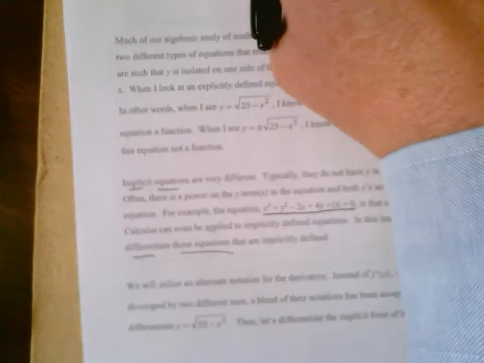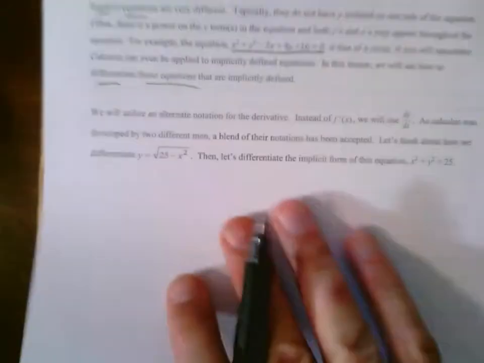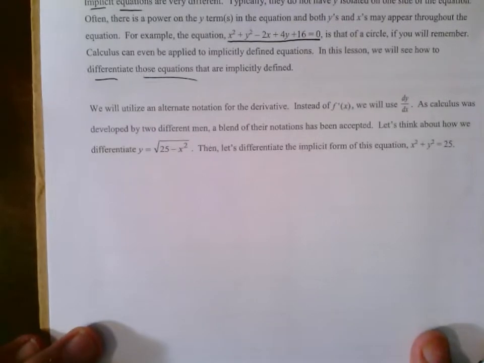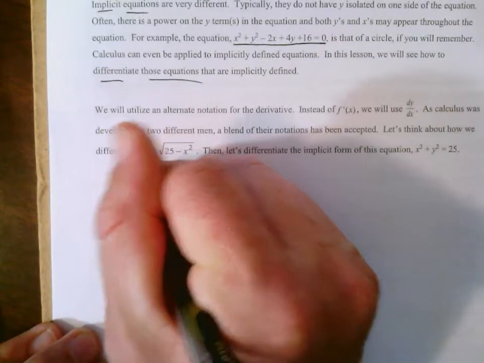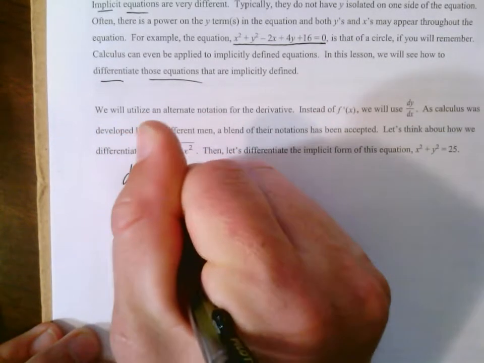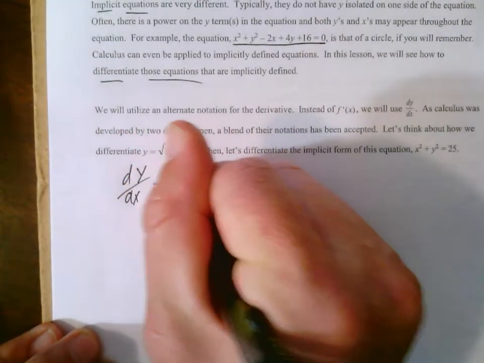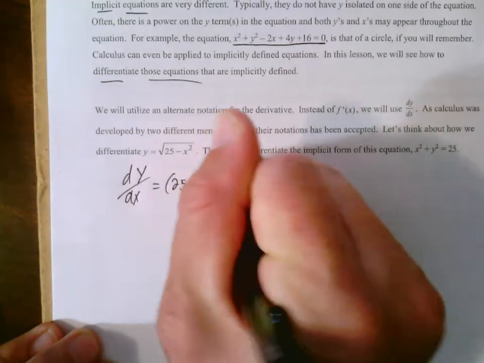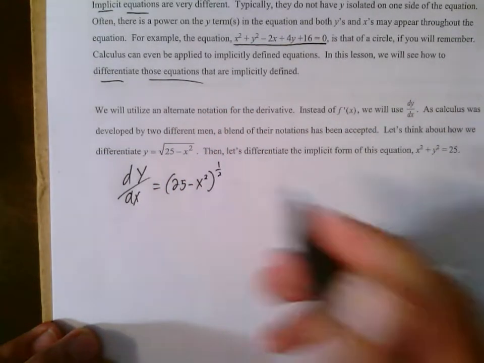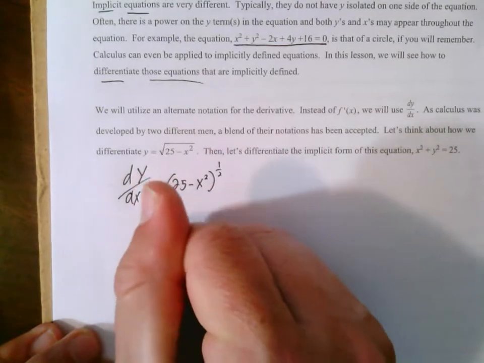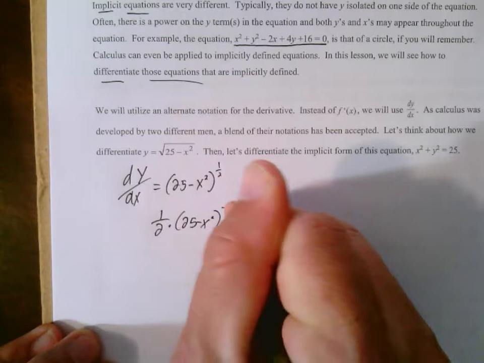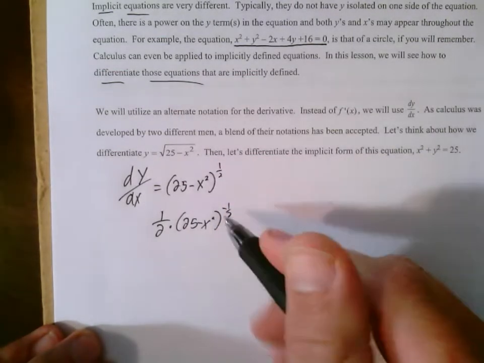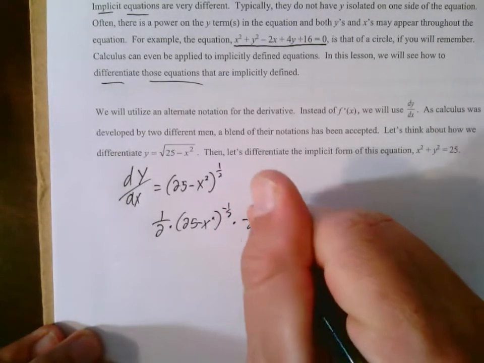So let's start out with something that we know how to do. If we look at this equation, y equals the square root of 25 minus x squared, and we took the derivative of it, use the chain rule, bring 1/2 down, times the derivative of the inside, negative 2x.